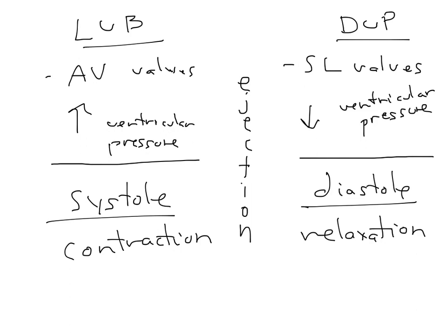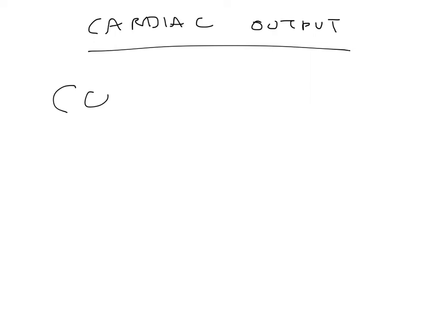And that covers your valves, which leaves us with a little math, which is not too bad. Cardiac output, you should know the equation. Cardiac output is the amount of blood your heart ejects or moves in 1 minute.